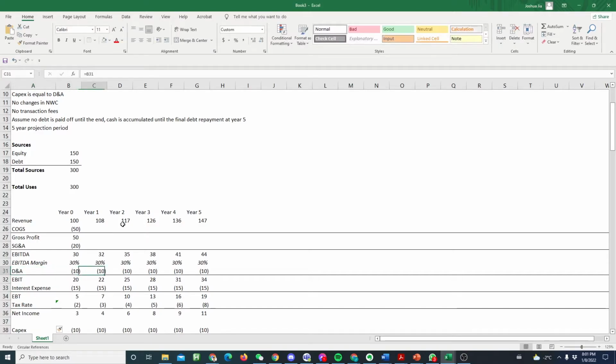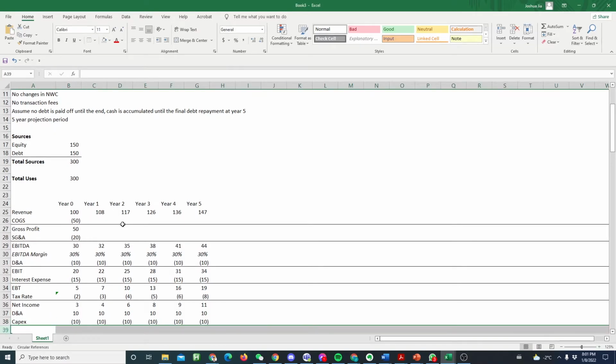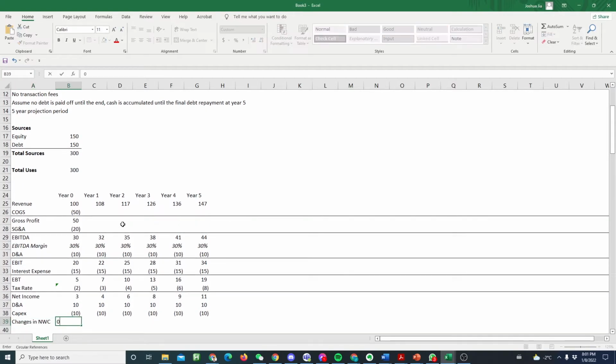DNA is a non-cash expense, so we're going to have to add back the DNA. Now, of course, if there were changes in net working capital, we'd also include that here, but there are none. So maybe I'll write that in just so you know where it goes. Net working capital, but of course it's 0.